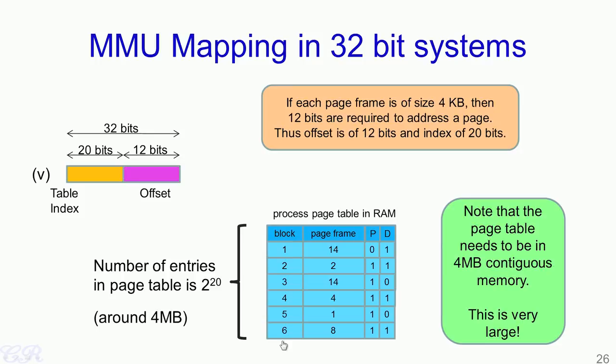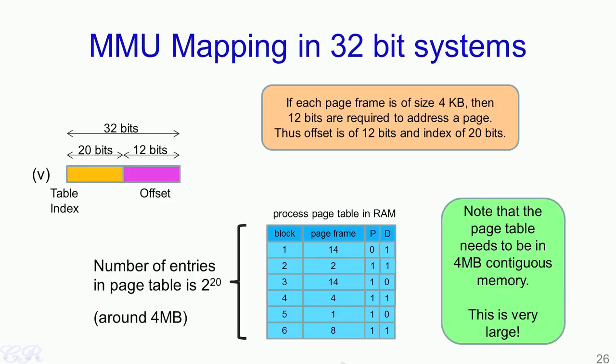So, why do we need it to be contiguous? It is essentially that the table index is added to the process page table pointer in order to get the location of a particular block and the corresponding page frame, and therefore, it needs to be in contiguous memory.